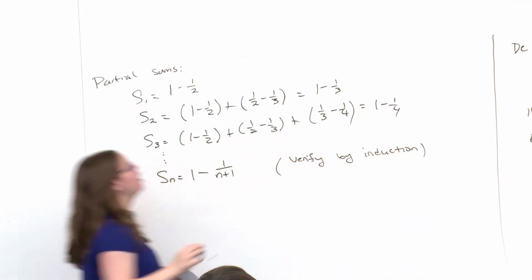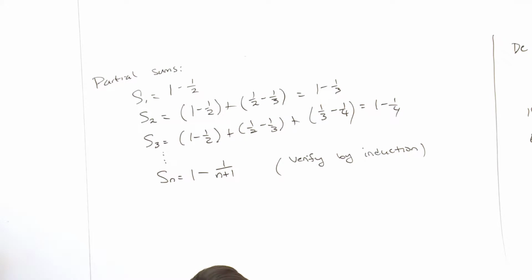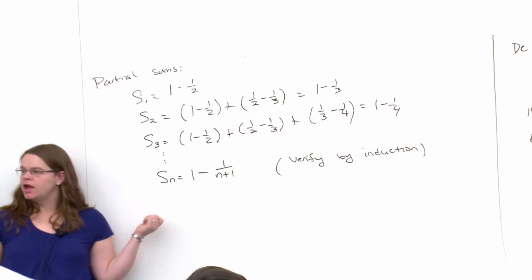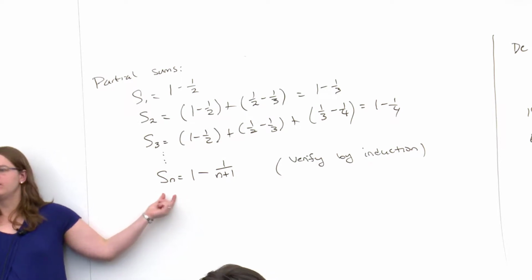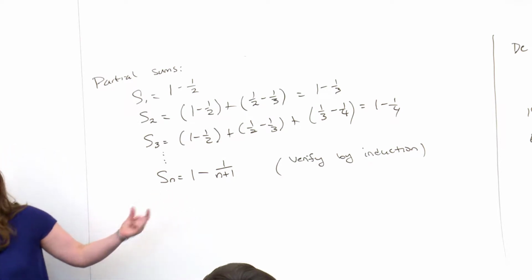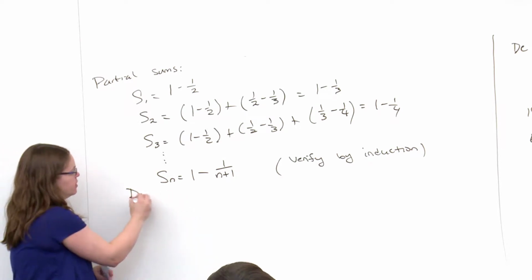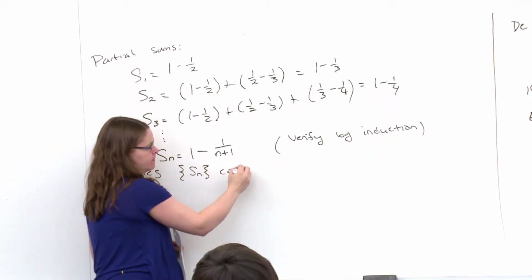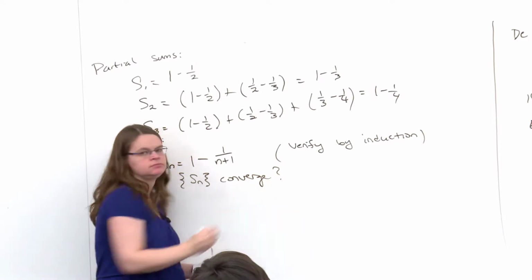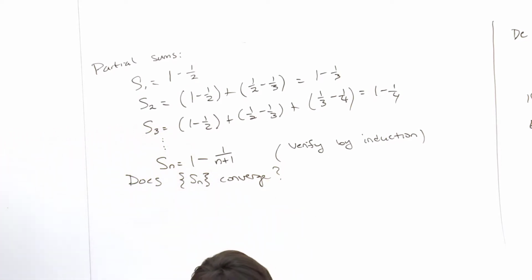Okay, so this is our sequence of partial sums that we have to look at, Sn. Now we happen to know the general form of the nth term. And our question is, do these partial sums converge? So does Sn converge? And what say you?